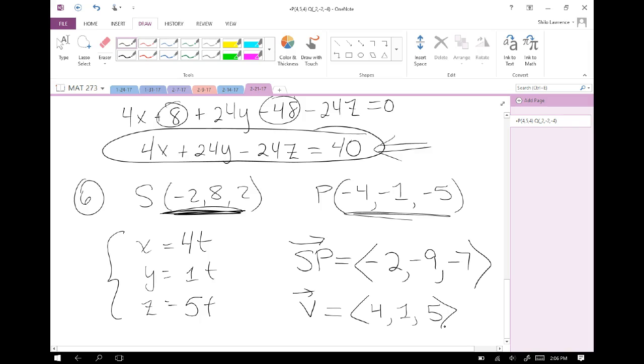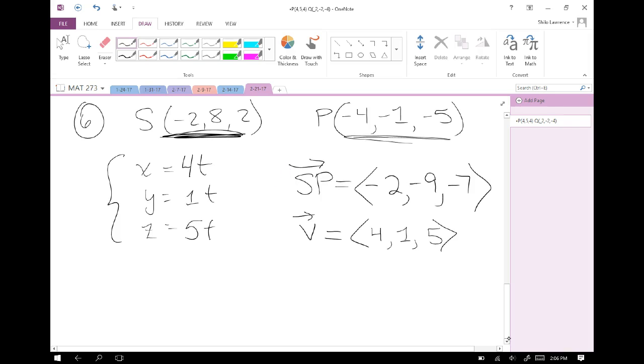Now with distance between a point and a plane, we would dot them over the magnitude of the normal vector. Now here, we don't have a normal vector, so we have to create a normal vector. So we're going to cross them over the magnitude of v.